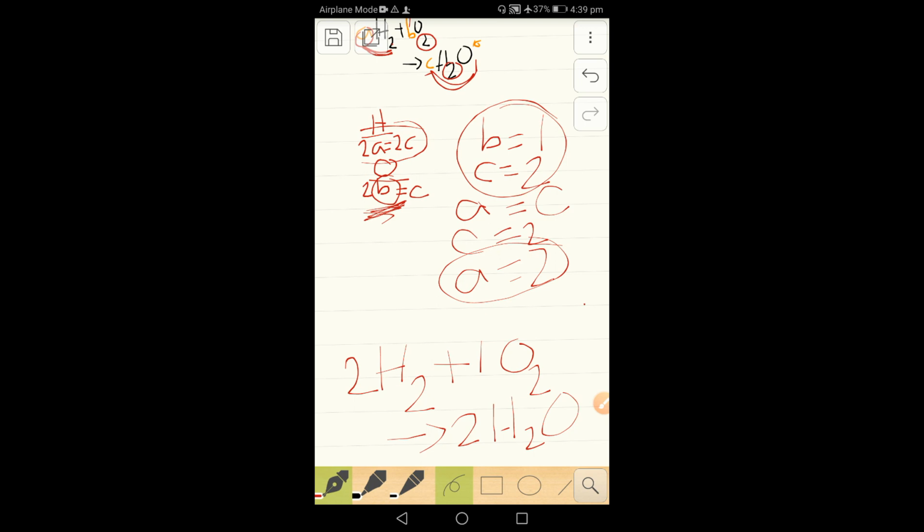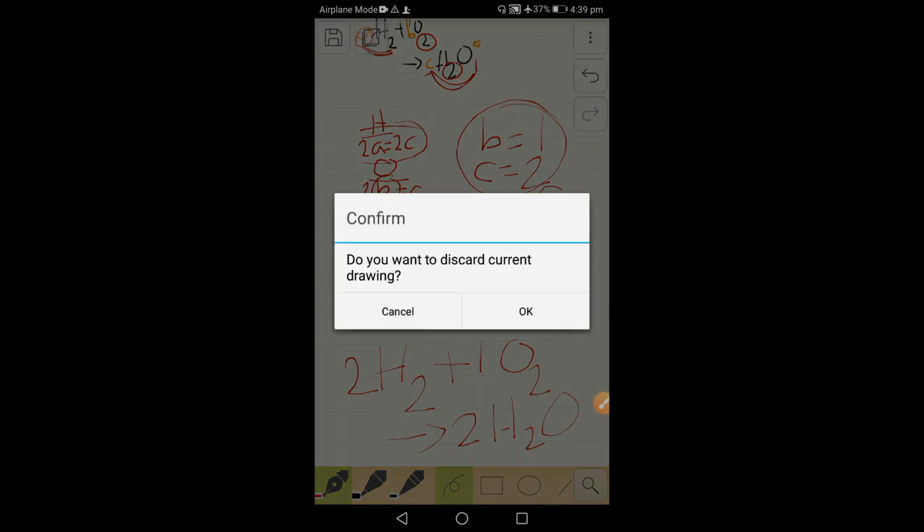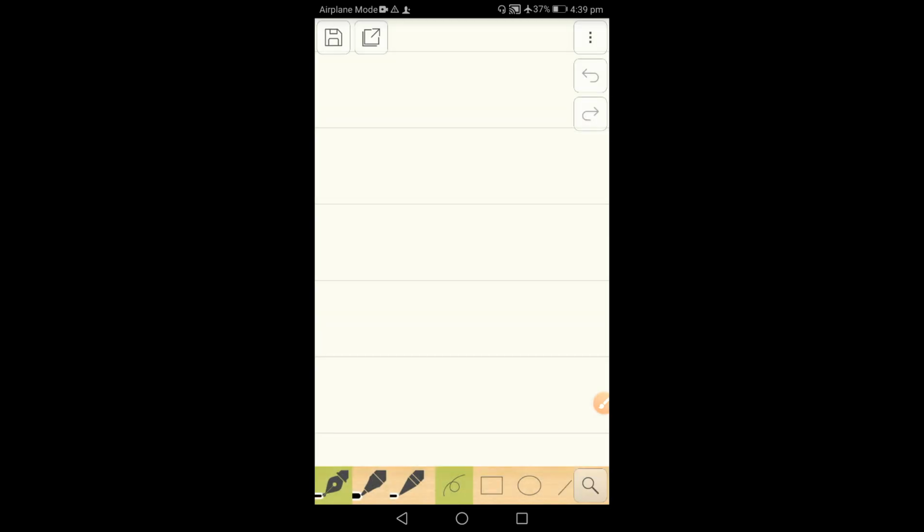Now let's look at a reaction which has the theme of both mole and charge balance. Okay. So let's look at this equation: Mn plus 7 plus Fe plus 2.